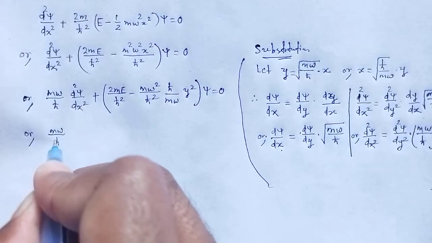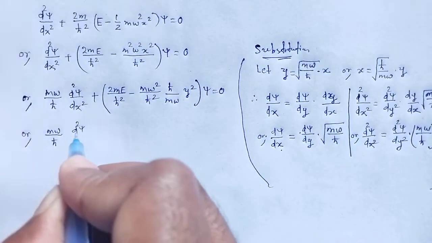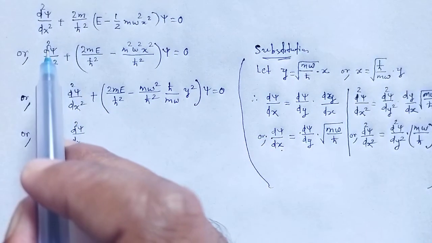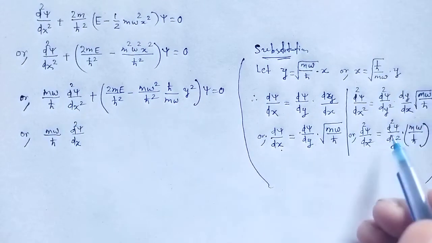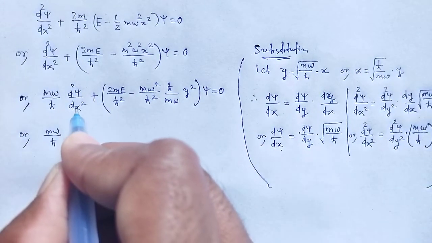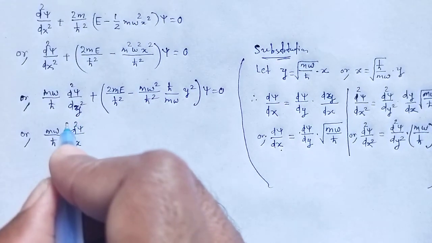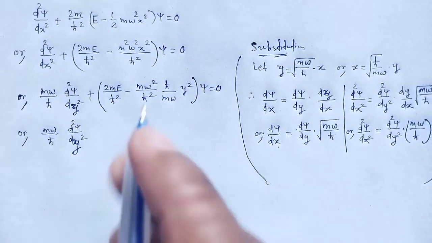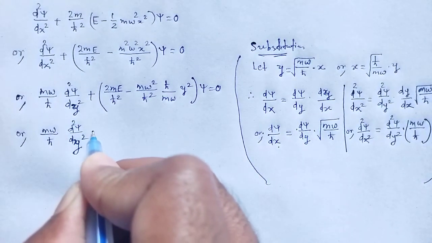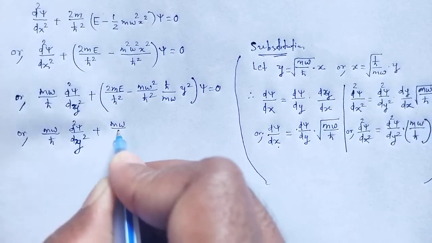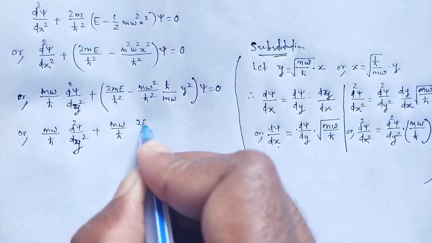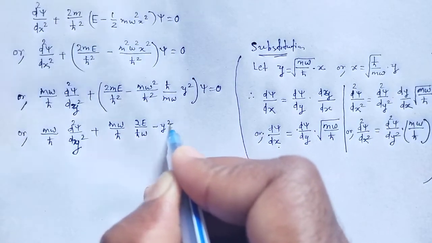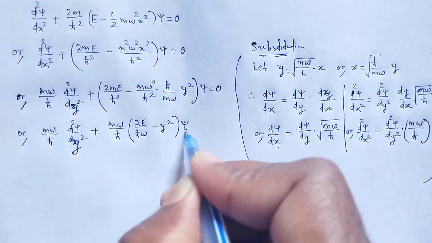Or m omega by h cross, d square psi by dx square, here will be d square psi by dy square, plus m omega by h cross, 2e by h cross omega minus y square, psi is equal to 0.